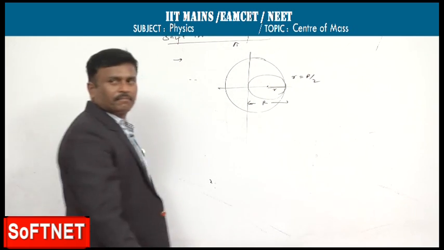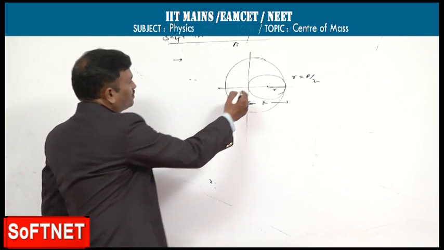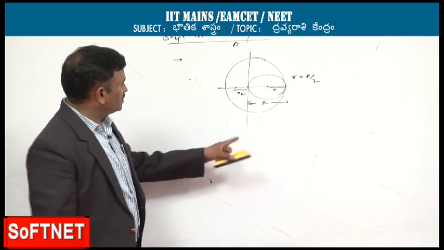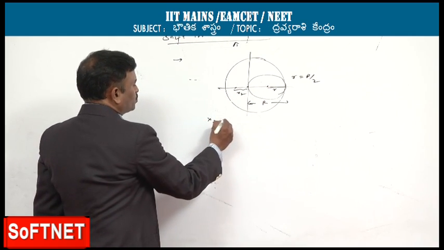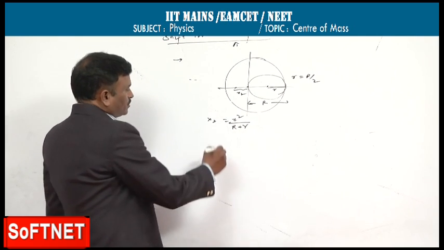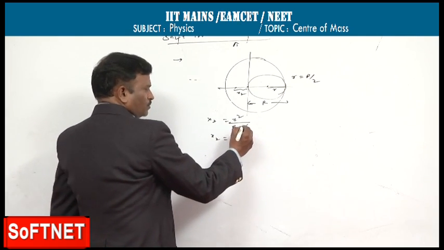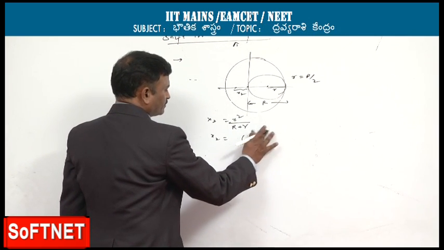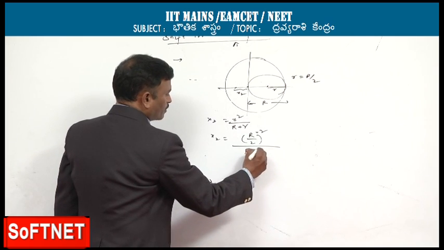Now how much shift in center of mass takes place from the center? That is x2. Just now we got an expression as a shortcut: x2 is equal to r square by capital R plus small r. Fine. So x2 is equal to (R by 2) whole square, whole by R plus R by 2.